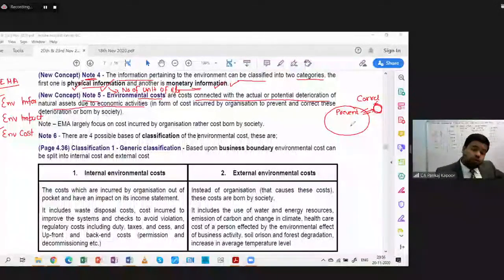But it may also be possible that despite the company installing the chimney, or despite the company installing the treatment plant, still some of the water with the pollution content moves out of the factory and merges into some kind of a drain or a river or some other water network which is used by the people, and the people who are using that, their health deteriorates.